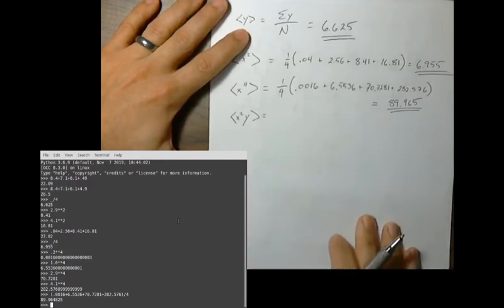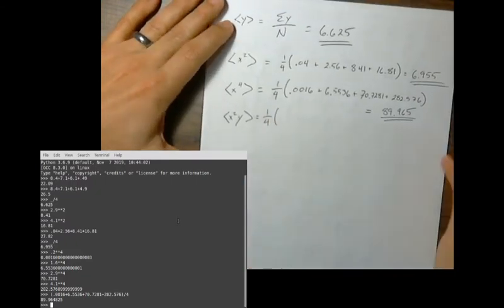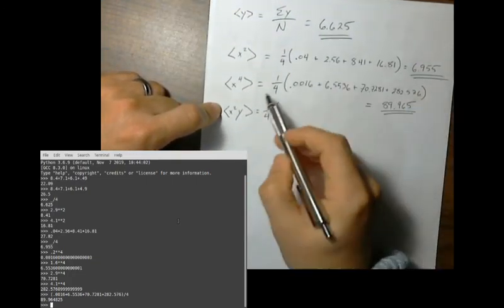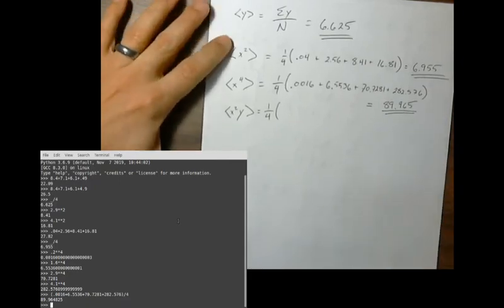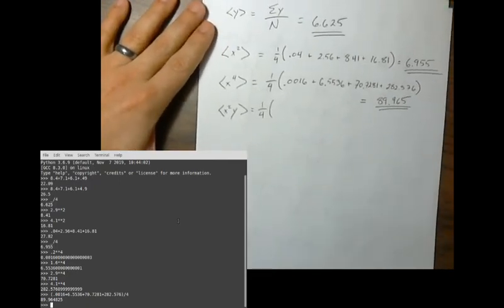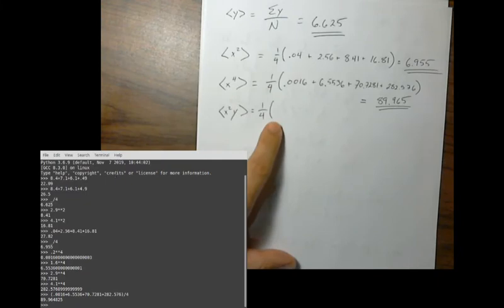Now, this last term. If you had this in Excel, you could just multiply this column by y. The easier way would have been to use arrays in Python, but I suppose it makes sense for me to work this out manually.